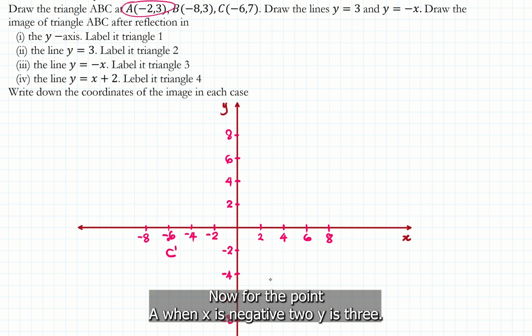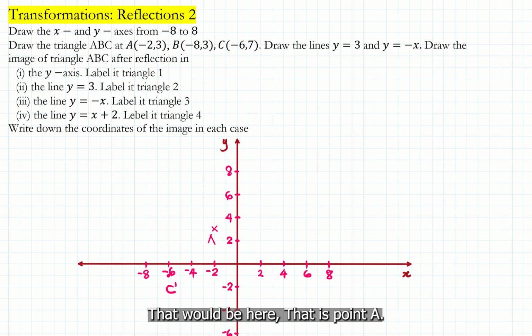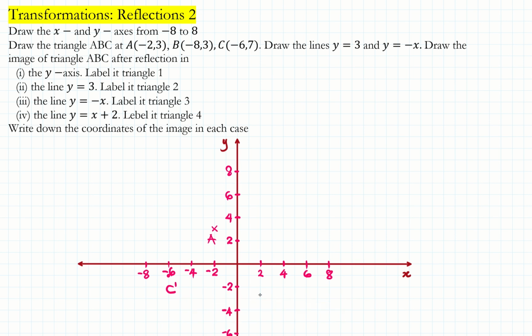Now for the point A, when x is -2, y is 3, that will be here. That is point A. Now for point B, we have when x is -8, y is 3. So this is -8 and this is 3 right there. So we know what we are doing.